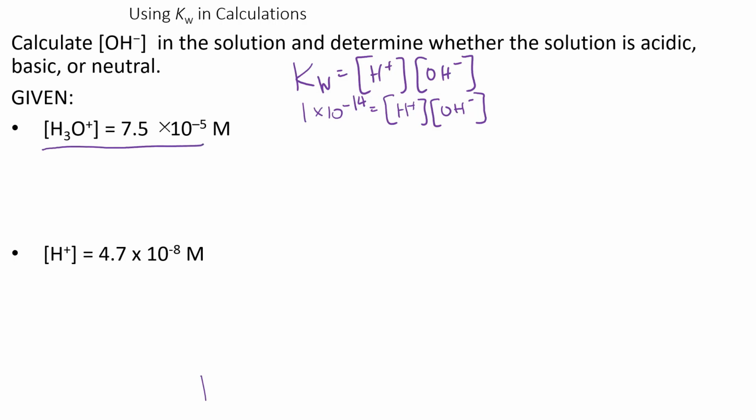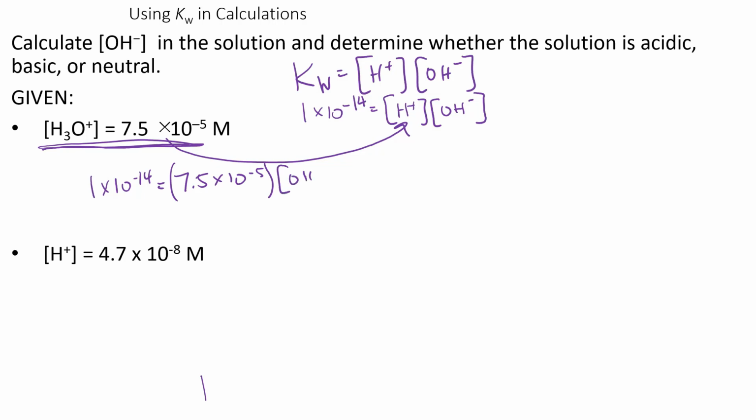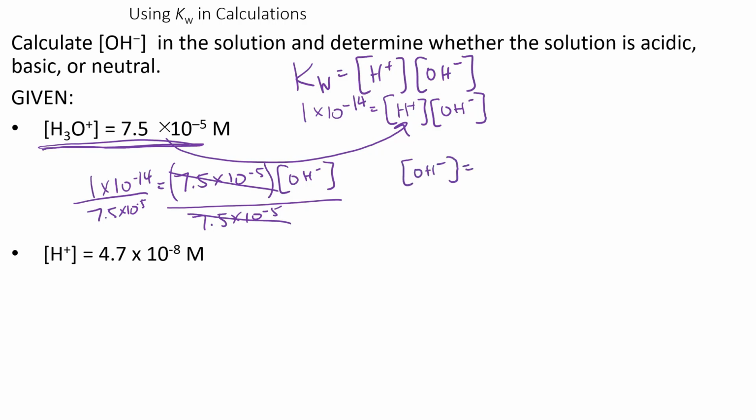I know that my H plus is 7.5 times 10 to the negative 5th, so I'm going to plug that in. Then I'm looking for my OH minus, so I'm going to divide. And I end up getting that my hydroxide concentration is equal to 1.3 times 10 to the negative 10 molar.